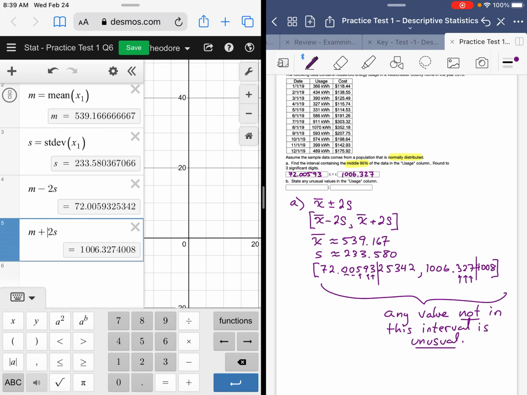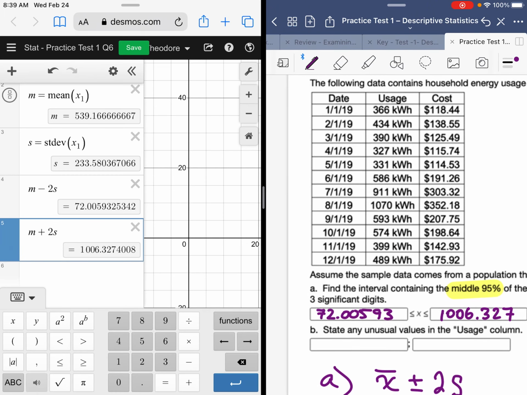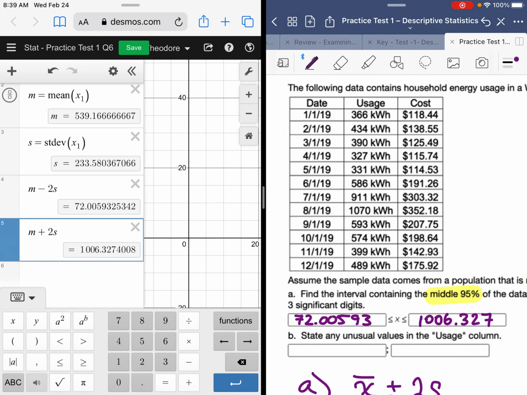So I go through my data set. I'm looking for anything that's smaller than 72 and change. Everything I have here is in the hundreds because we're only looking at the usage values. This is not referencing anything besides usage, so I'm only looking at these values here. I'm looking for anything lower than 72, and that didn't happen, or bigger than 1006.